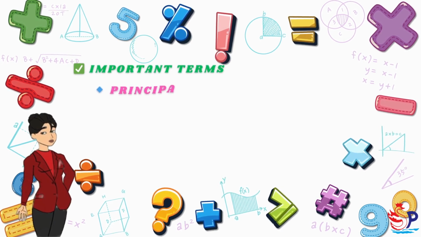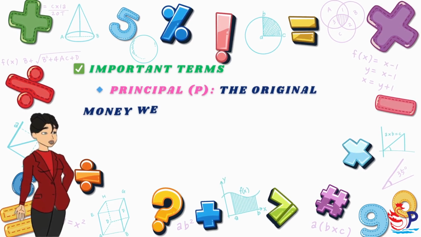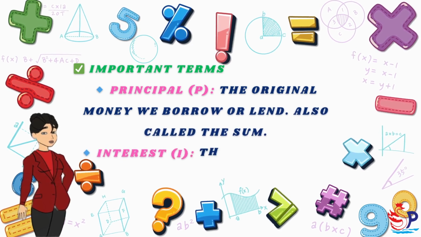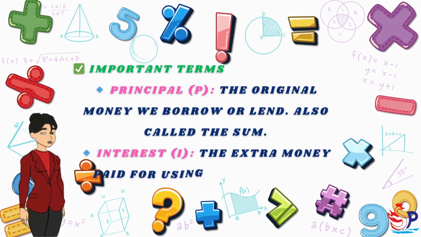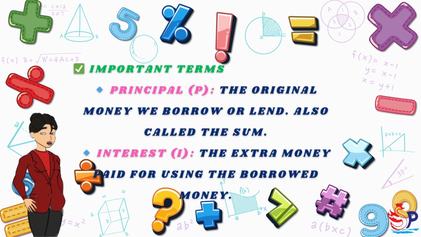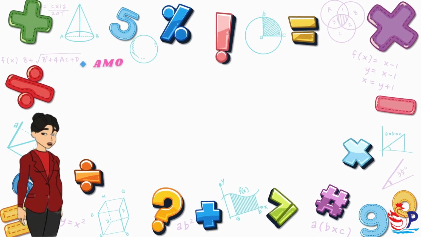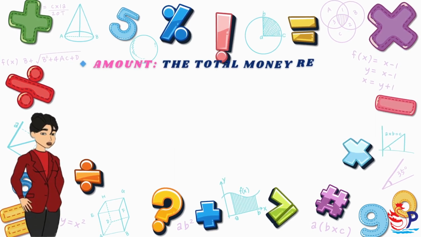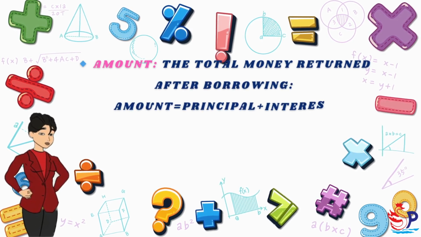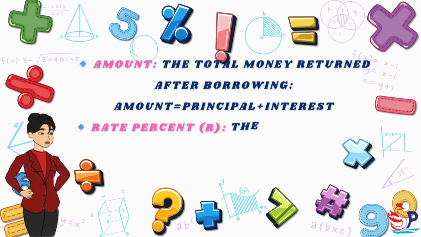Important terms: principal, P, the original money we borrow or lend, also called the sum. Interest, I, the extra money paid for using the borrowed money. Amount, the total money returned after borrowing. Amount is equal to principal plus interest.